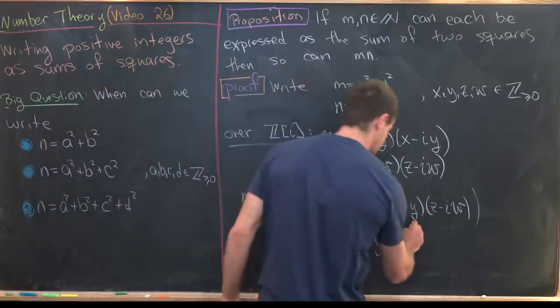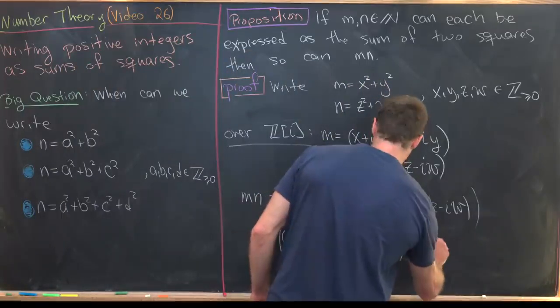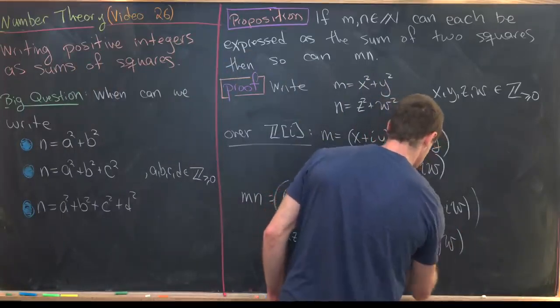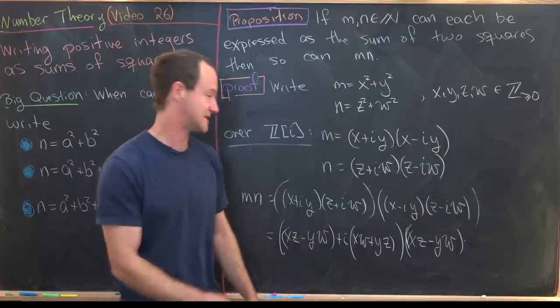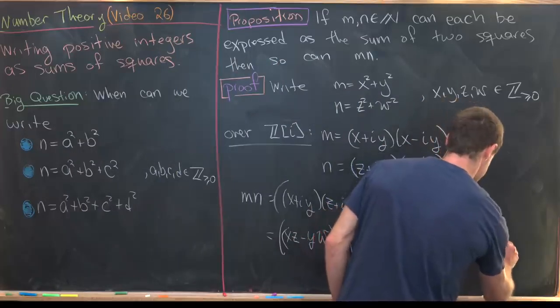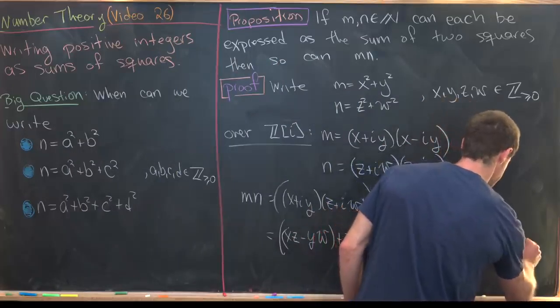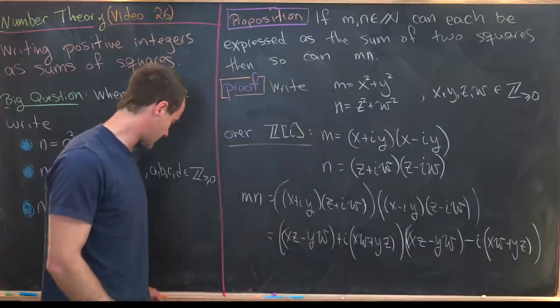Then we can do the same thing with the second bit. So we'll get xz minus yw, and then the imaginary part will be equal but with opposite sign. So we'll have minus i times (xw plus yz). So that's what you get from multiplying this out right here.